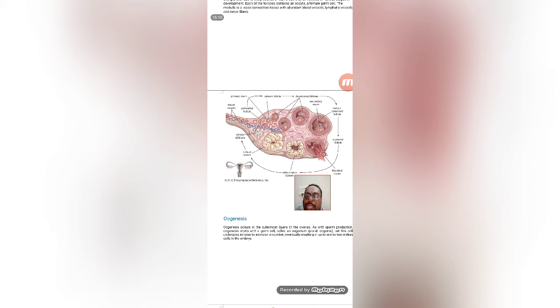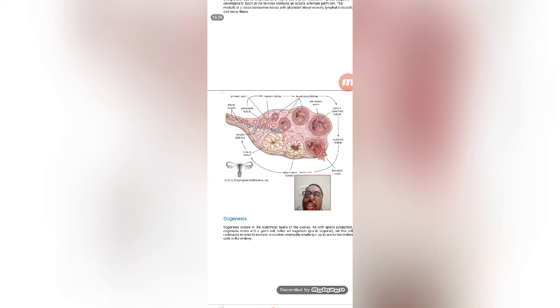We will study that, but just to understand, it forms a covered Graafian follicle, and it will rupture out. Rupture means ovulation has taken place.